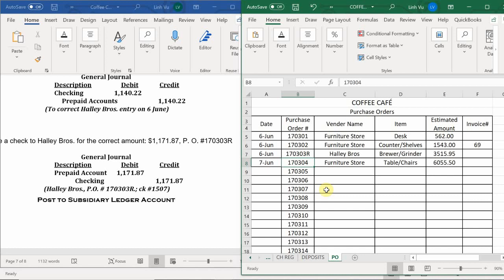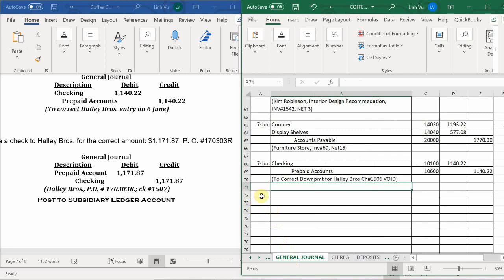So now we go to the journal. And what are we going to do there? So prepaid accounts and checking. Good. We're going to reissue another down payment.